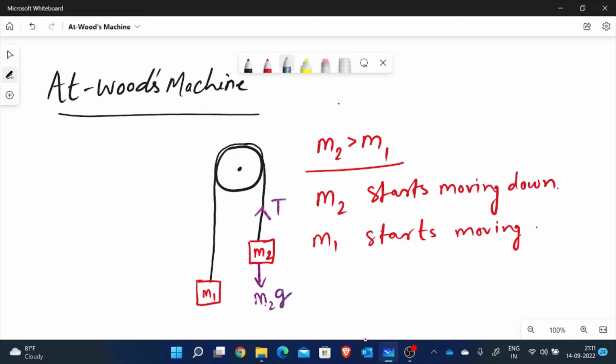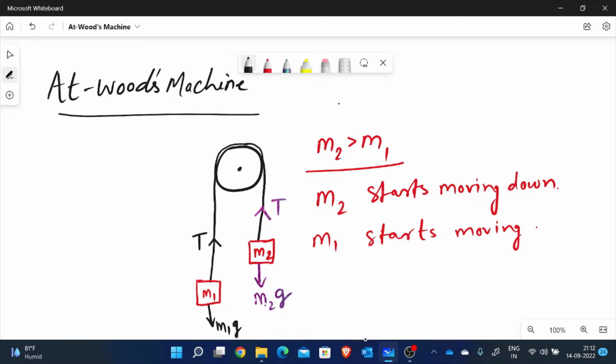Let's say that is T. On M1, there is a force M1G which is acting downward. And because of this M1G, there is a force upward in the string. And this force is nothing but, again, the tension in the string.